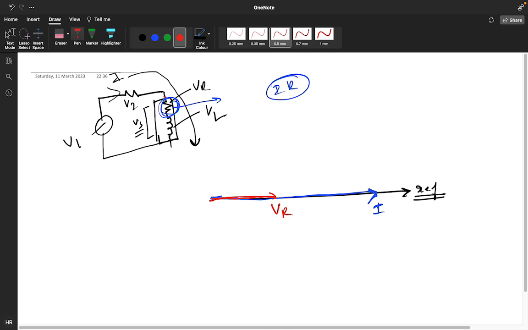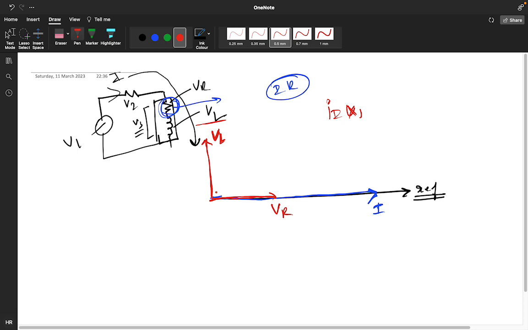And you are also getting I into jXL, so 90 degree anti-clockwise with reference. I am taking this as my VL.